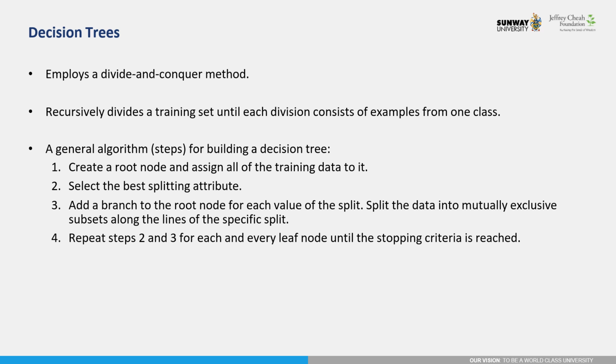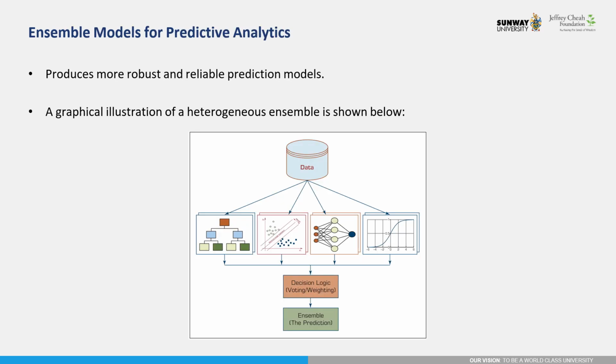The next step is to repeat two and three for every leaf node until the stopping criteria is reached. Then you can repeat steps two and three, and you can see where the more suitable results are coming. Then you can go to the next ensemble method for prediction analysis.